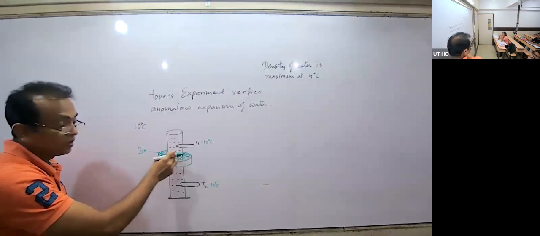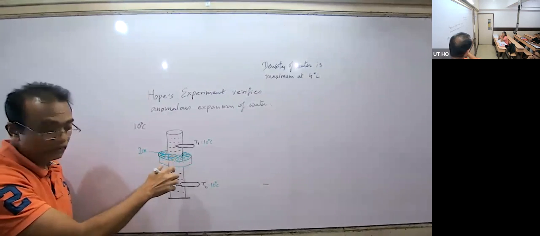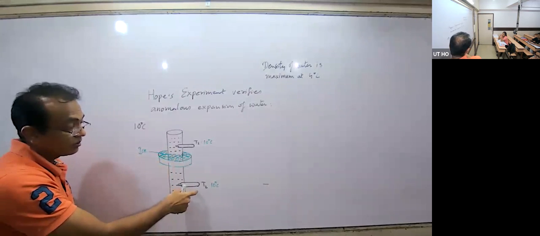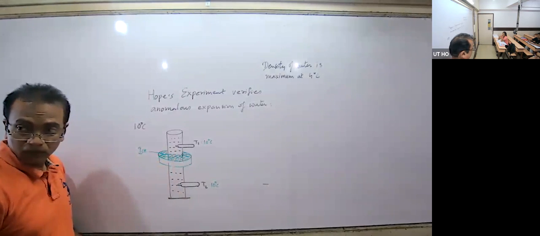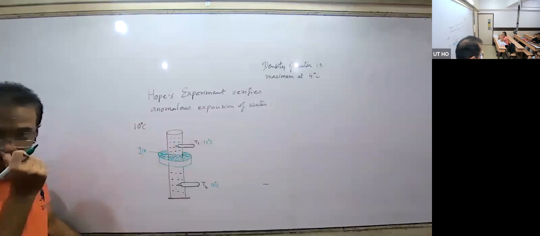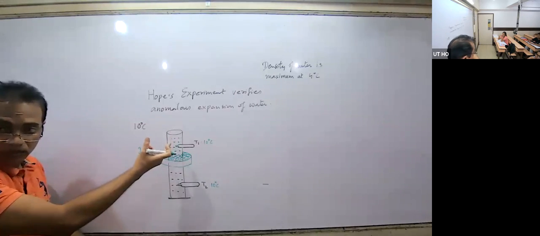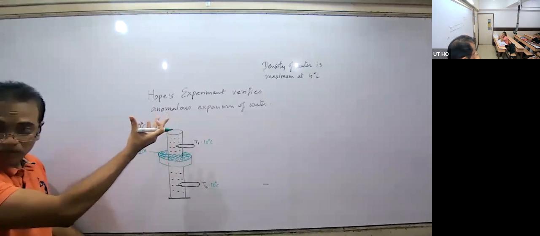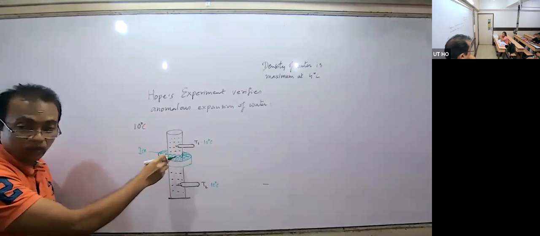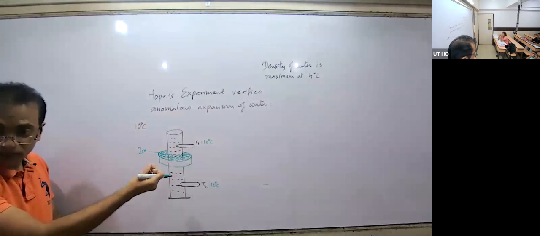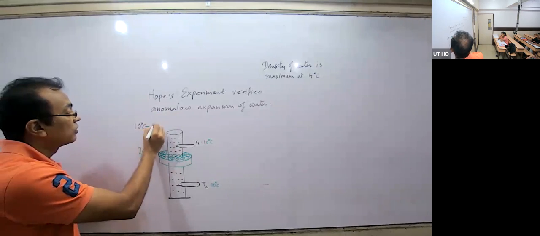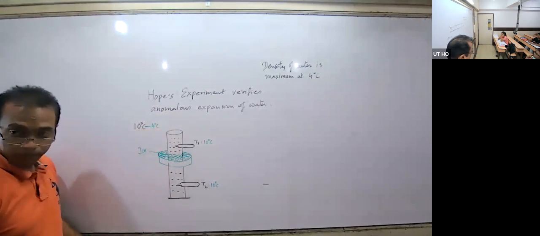The cold water in the middle region will begin to sink, right? Lowering the temperature of lower thermometer, right? And what happens to the upper water? Upper water was at higher temperature. It is lighter, so it remains at the top. So only this water, which is in contact with the ice tray, will become dense because it is contracting now. From 10 till 4 degrees Celsius, it is contracting.